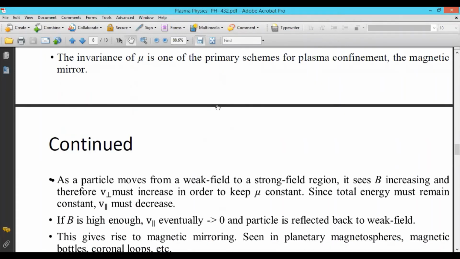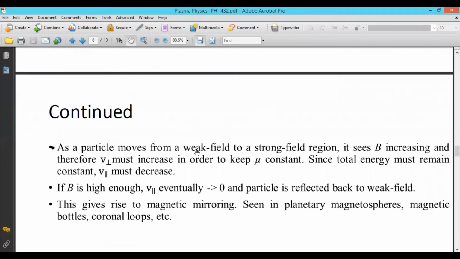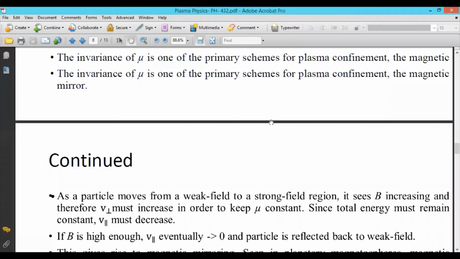That is, the component of velocity along the magnetic field lines should decrease. If the magnetic field is high enough in that region, v parallel eventually approaches zero and the particle is reflected back to the weak field, and this gives rise to a magnetic mirror. Such magnetic mirrors are seen in planetary magnetospheres, magnetic bottles, coronal loops, etc.